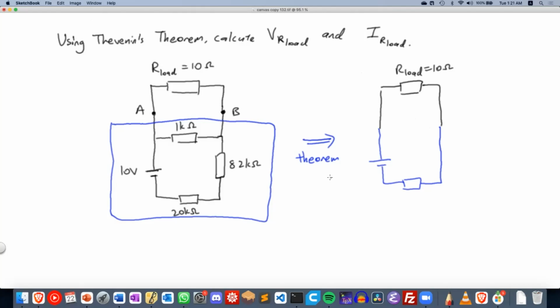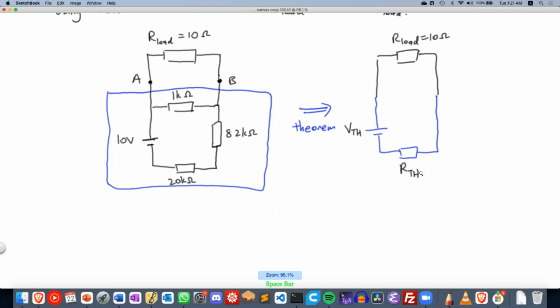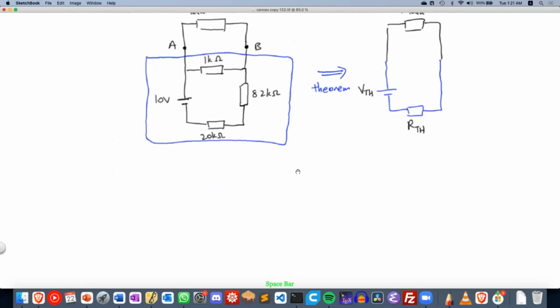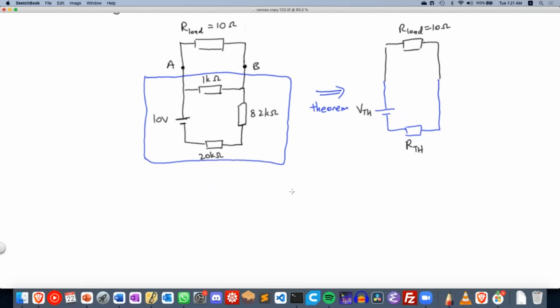This voltage, which we currently don't know yet, is going to be called the Thevenin voltage, VTH, TH for Thevenin, and the resistance is called the Thevenin resistance. We don't know what the values are yet, but we're going to calculate them using Thevenin's theorem.